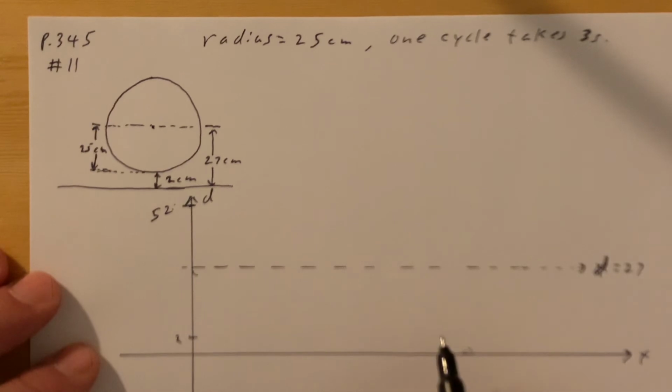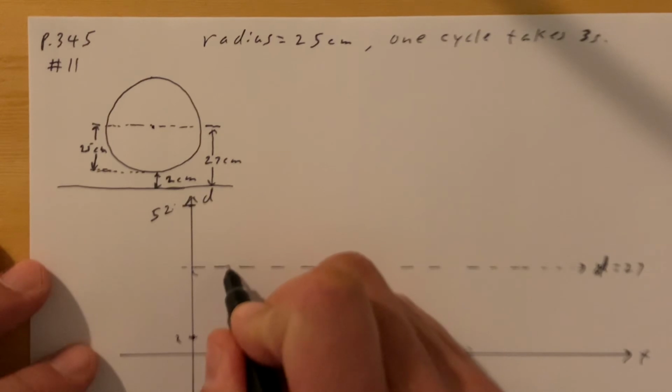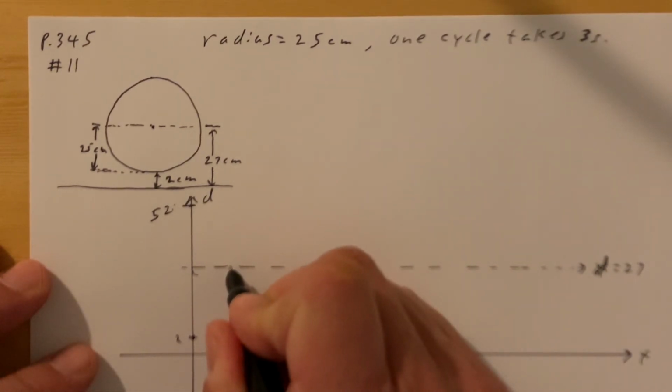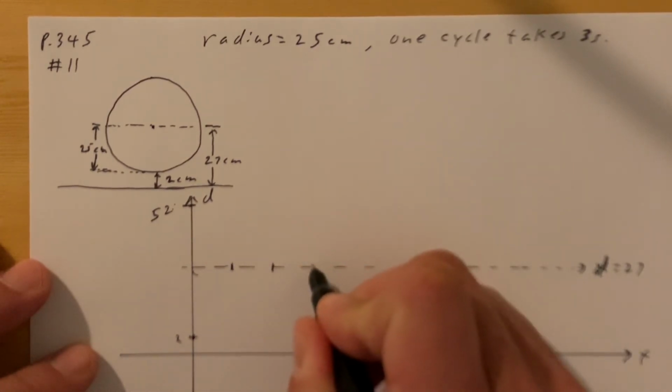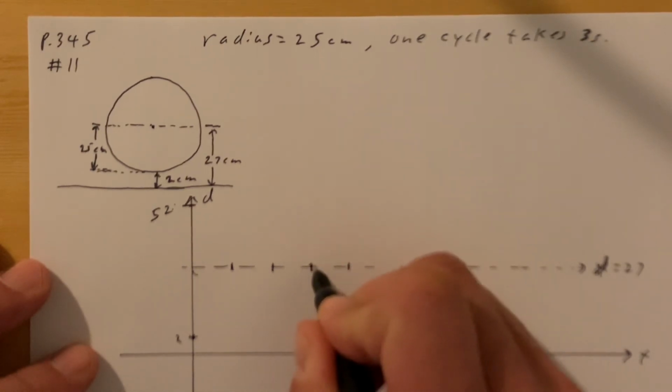Now, because he starts at the bottom of the hamster wheel, this is going to be our starting point. And now we're going to mark off quarter periods. Okay, so quarter periods so that we can draw one cycle. They want 2. So we'll do quarter periods here. So 1, 2, 3, 4. I'll draw in 1.